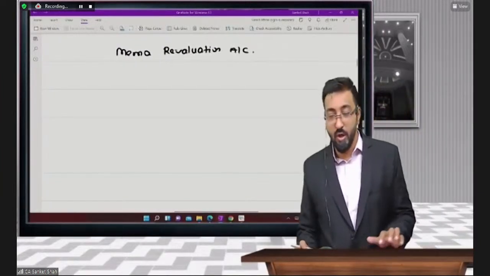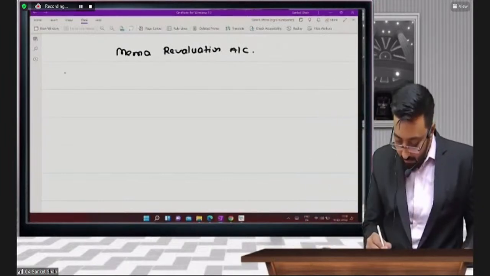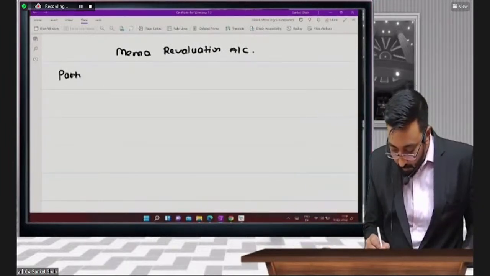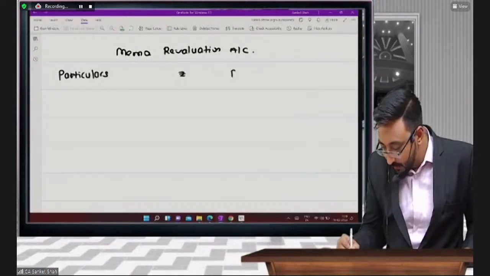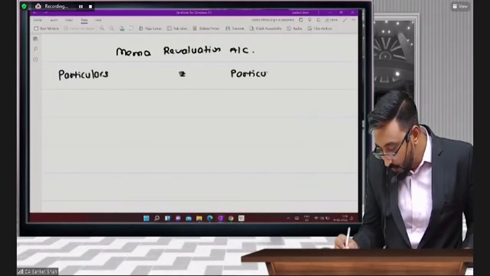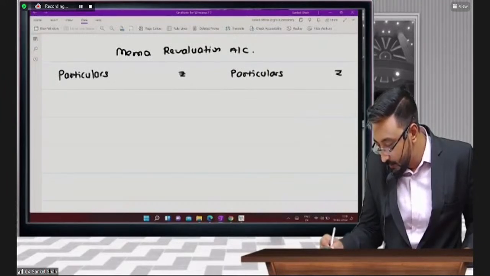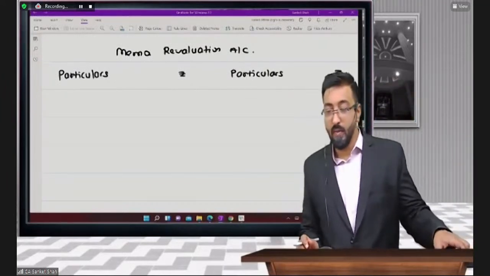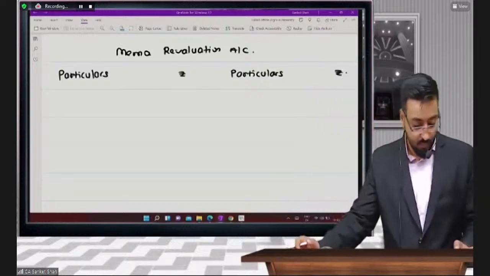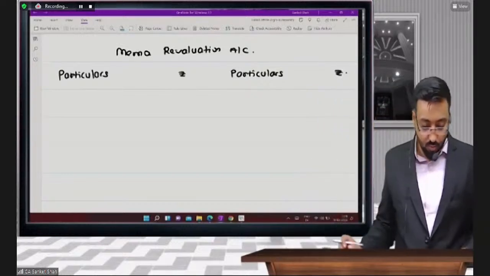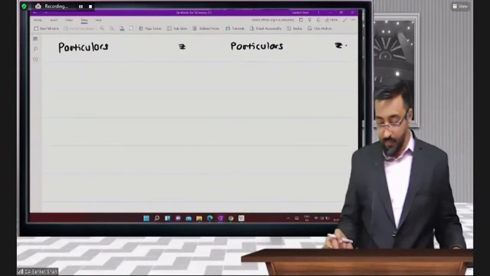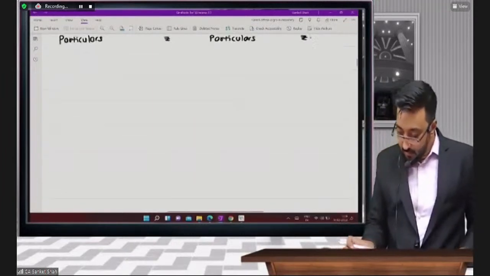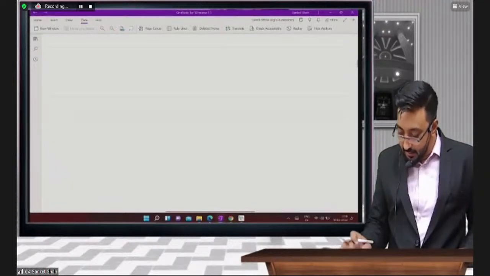Memorandum revaluation account, write down. Particulars, rupees. So memorandum revaluation account. Particulars, rupees. Beta, skip 8 lines.